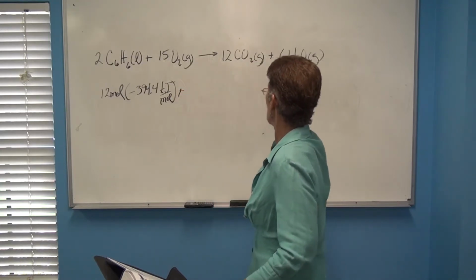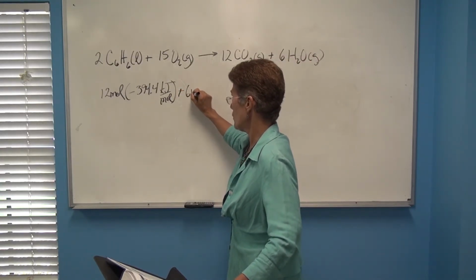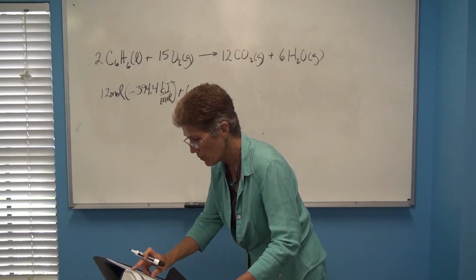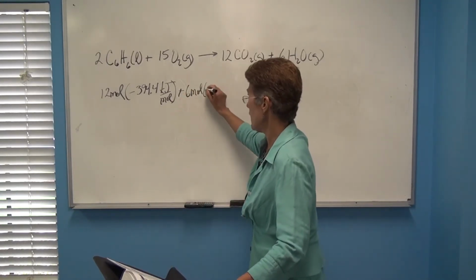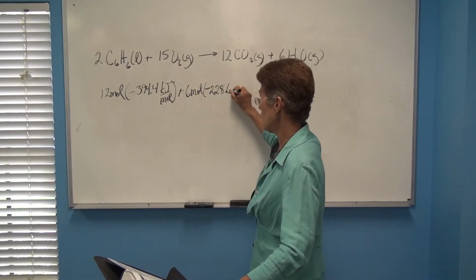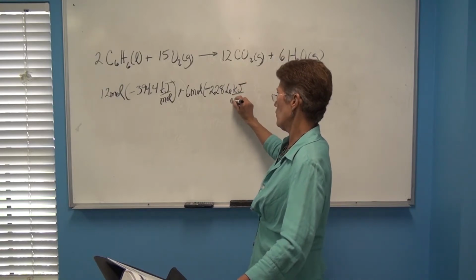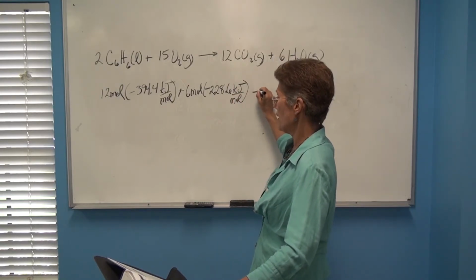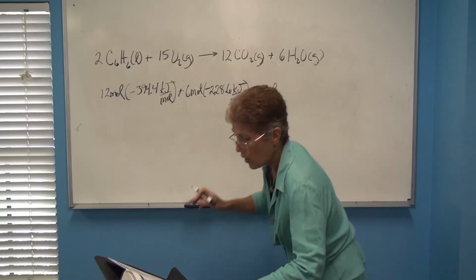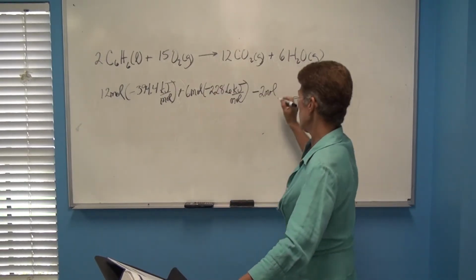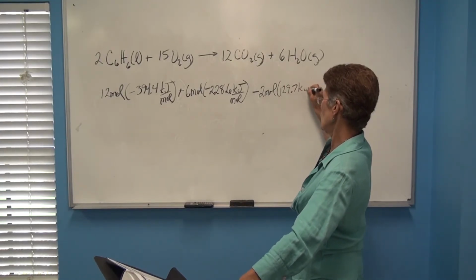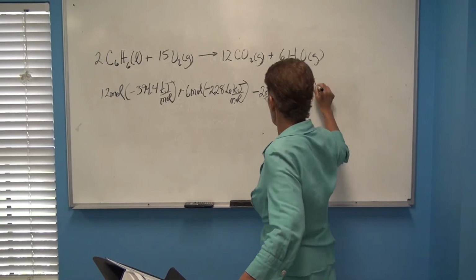And then plus, you're going to go 6 waters in the vapor form, and so you find water in the vapor form on that chart, and it's negative 228.6. Make sure you find the one that's in the correct phase because the numbers are different. Minus, and then you're going to go 2 moles, and that is 129.7 kilojoules per mole.